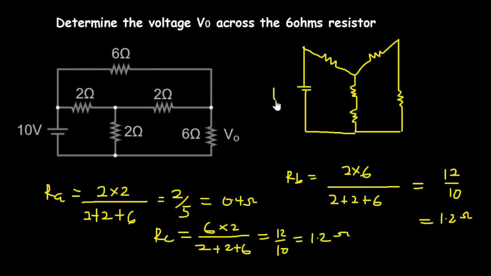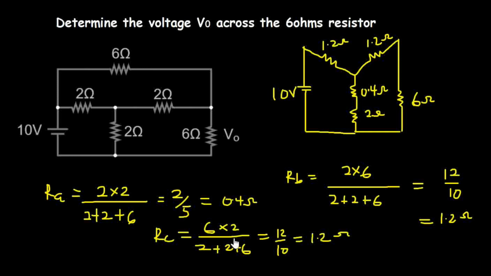So this is a 10 volt source, and this will be RA, which we got to be 0.4 ohms. Then this is the 6 ohms resistor, and this is a 2 ohms resistor. Here I have RC, which is 1.2 ohms, and here I have RB, which is 1.2 ohms.